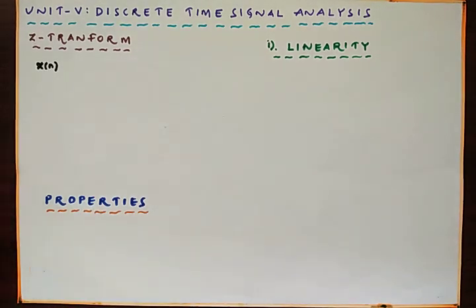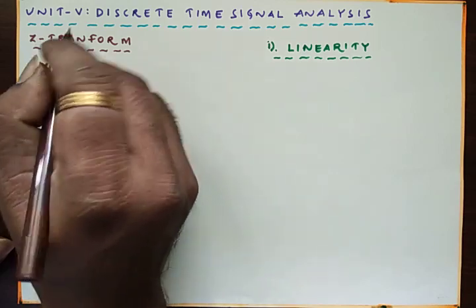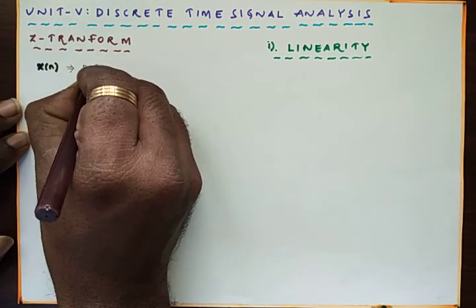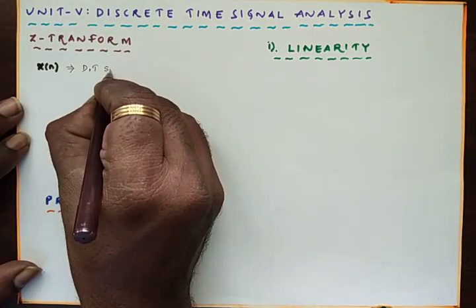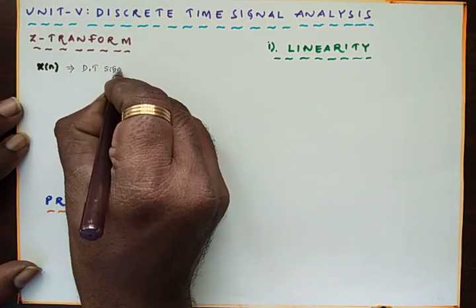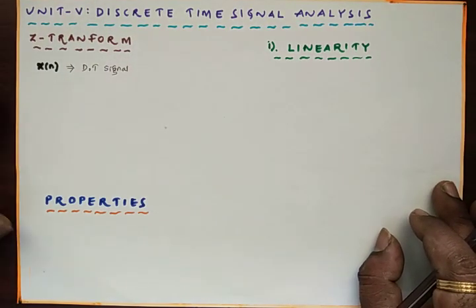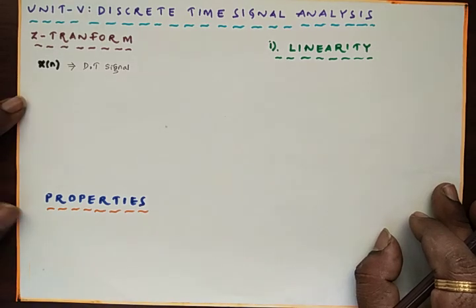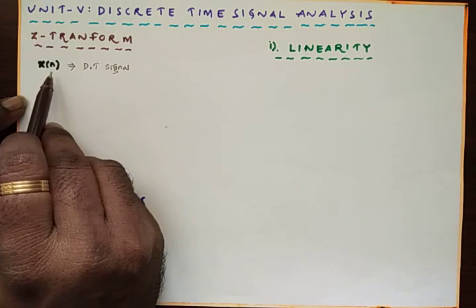A discrete time signal is a signal which can be defined at specific intervals of time or at a specific instant of time. So here x of n is a discrete time signal.